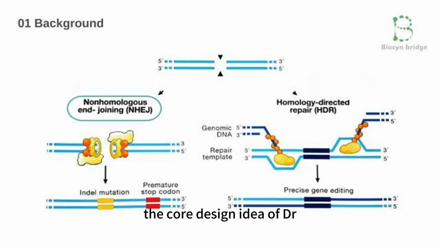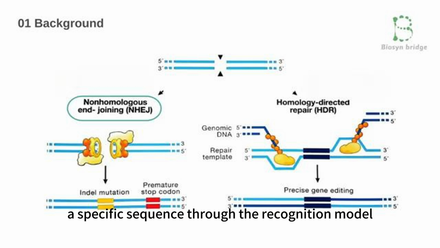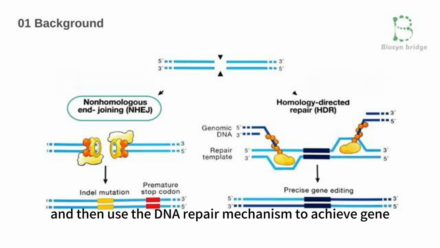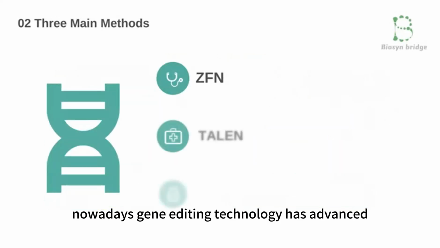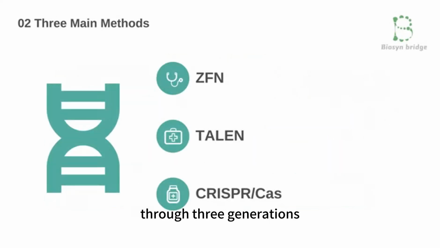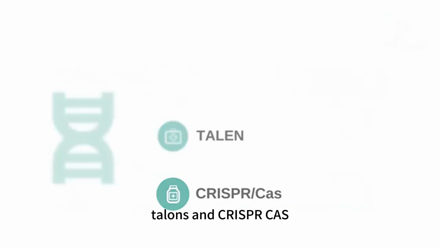The core design idea of CRISPR editing technologies is to find a specific sequence through the recognition model, use the functional model for incision digestion, and then use the DNA repair mechanism to achieve gene knockout, insertion, mutation, and other editing purposes. Nowadays, gene editing technology has advanced through 3 generations, including ZFNs, TALENs, and CRISPR-Cas.